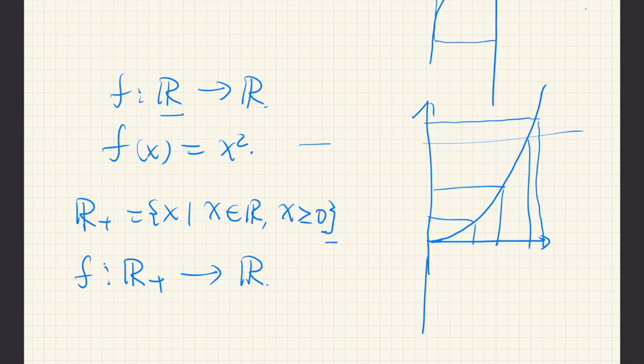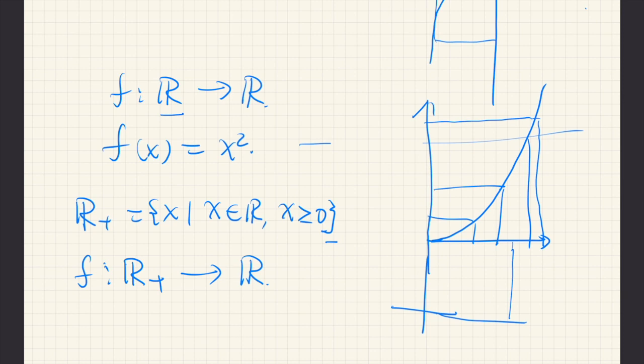And furthermore, by the way, this is not a surjection, right? Because for negative real numbers, there is no corresponding value of x. No x can give rise to a negative f of x, right? So this is not a surjection.